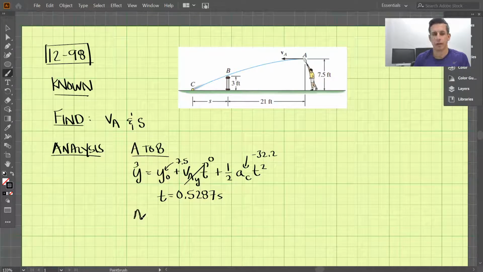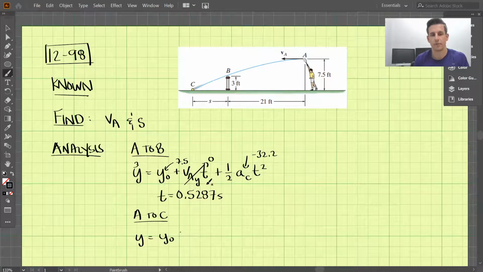Now let's talk about the time that it takes from A to C here. And we'll use a similar equation. I'm just going to leave off this term because we know it's 0.